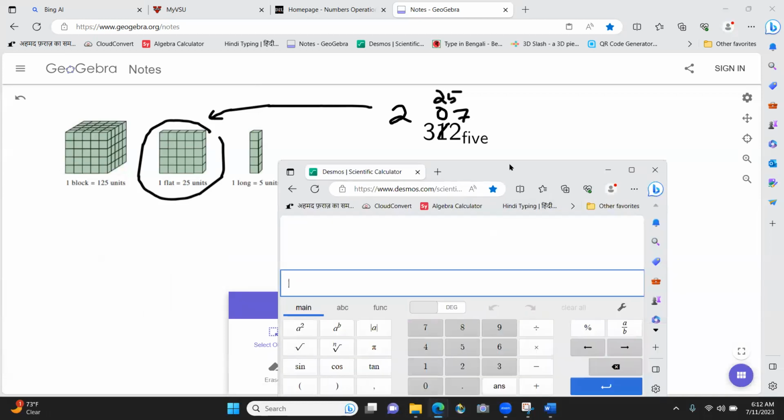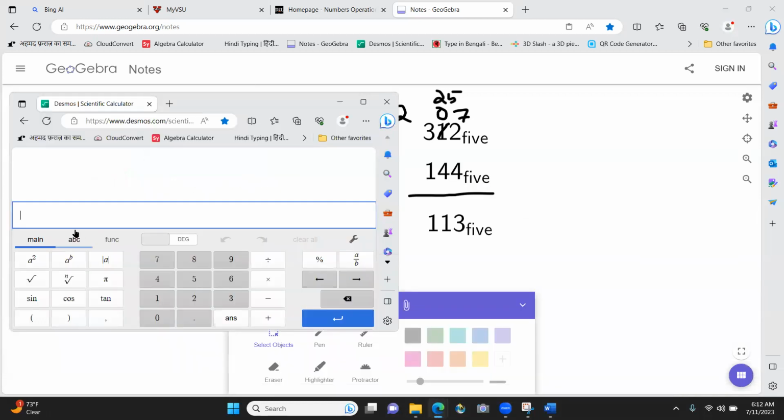So in base 5, this number, 312, is really 3 times 25, plus 1 times 5, plus 2. This is the top number in base 10.